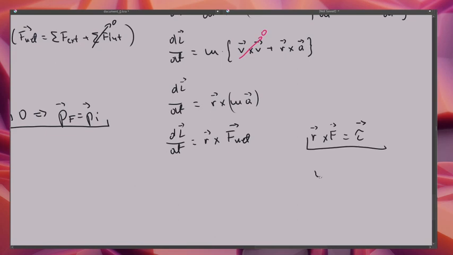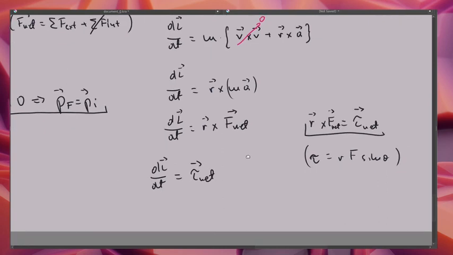The way we did it was that torque is rF sine theta, but that was because we were interested in the magnitude. It was just easier to go straight for that, though it's really r cross F. And since this is F net that I have there, this is the net torque. And so dL/dt is equal to the net torque.